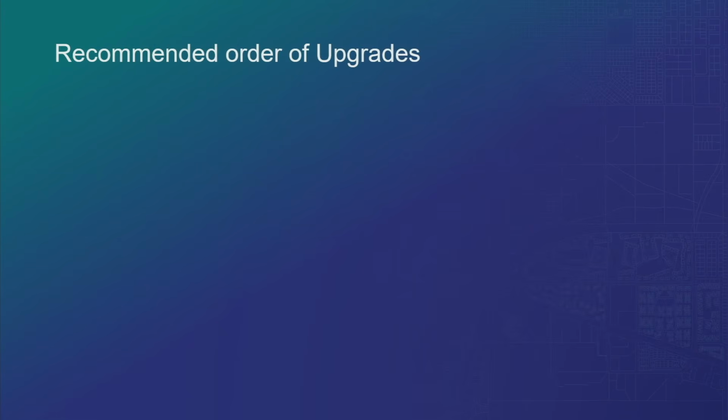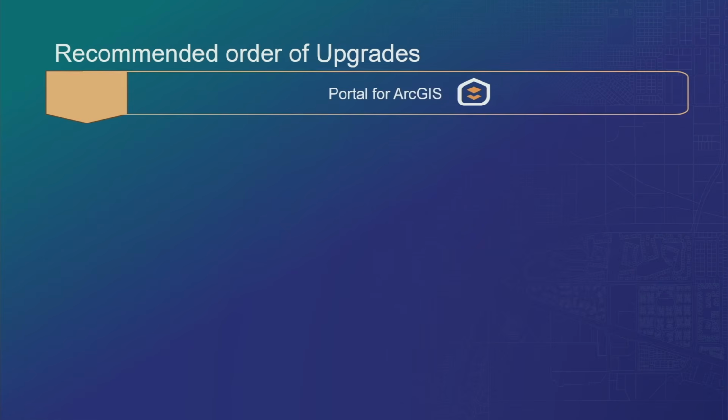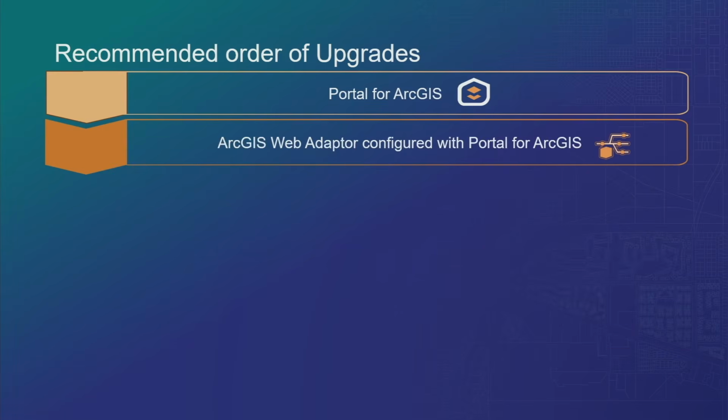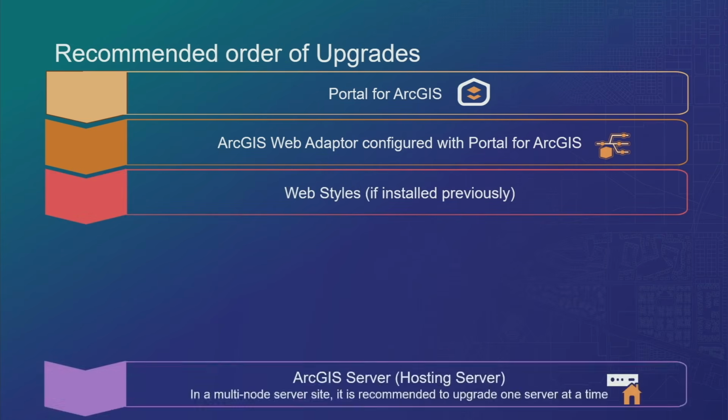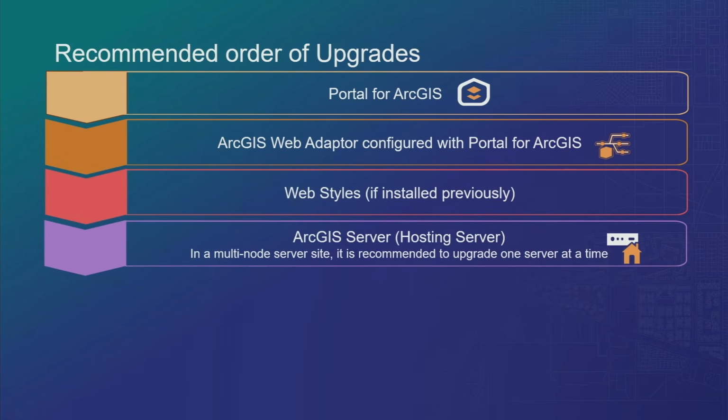So these components will need to be upgraded in a particular order. You'll start with the Portal for ArcGIS component, and then you'll move into the ArcGIS web adapter configured with Portal for ArcGIS, and then you'll upgrade web styles, and then you'll move into your ArcGIS Server.